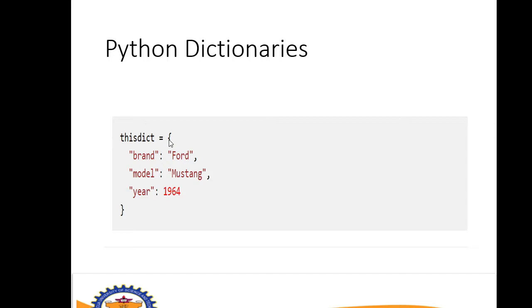So, kung sa tuples parentheses or round parentheses yung ginagamit natin, or kahit sa list naman ay square brackets, dito naman ang gagamitin natin ay curly brackets. And then, sabi natin, yung elements inside niya ay key value pair. So, on the left side, itong brand, model, and year, ito po yung ating magiging key. And then, yung values na corresponding sa kanila ay yung nasa right side.